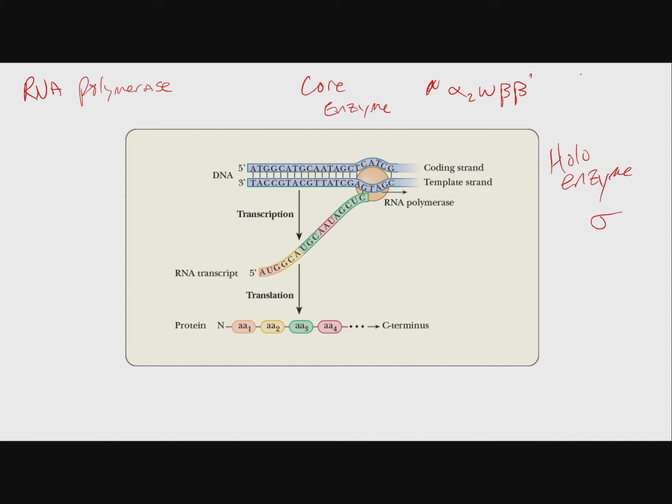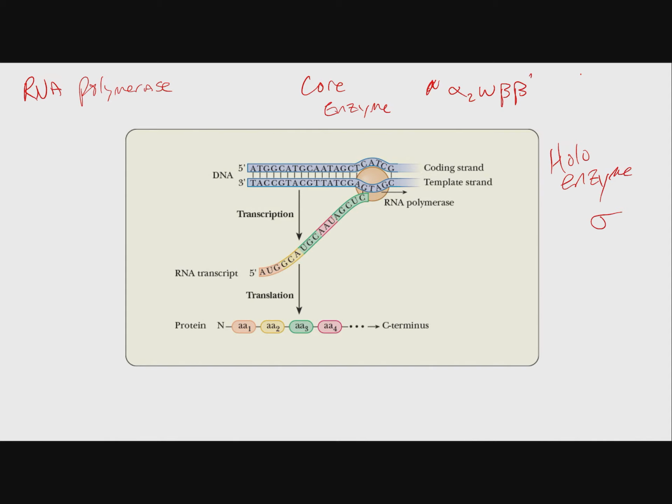Okay, the sigma subunit recognizes a region on the DNA called a promoter region. After it recognizes the promoter, it starts transcription, and then after transcription starts, the sigma subunit will get released.